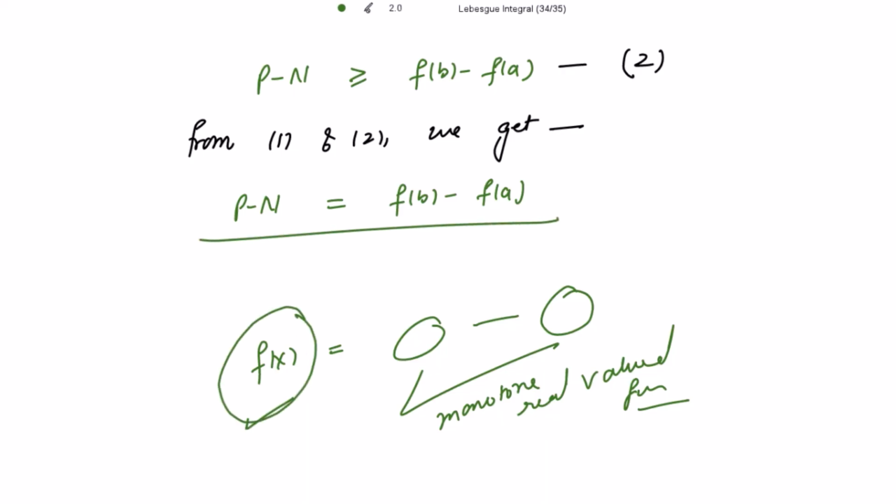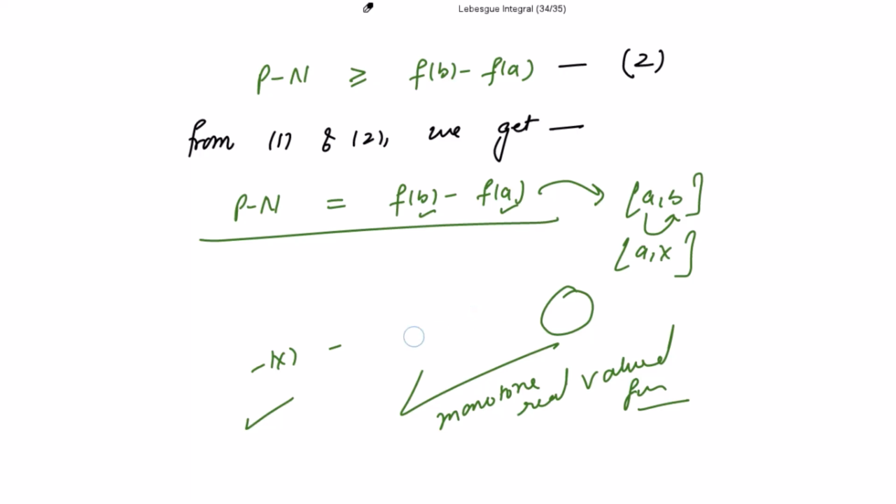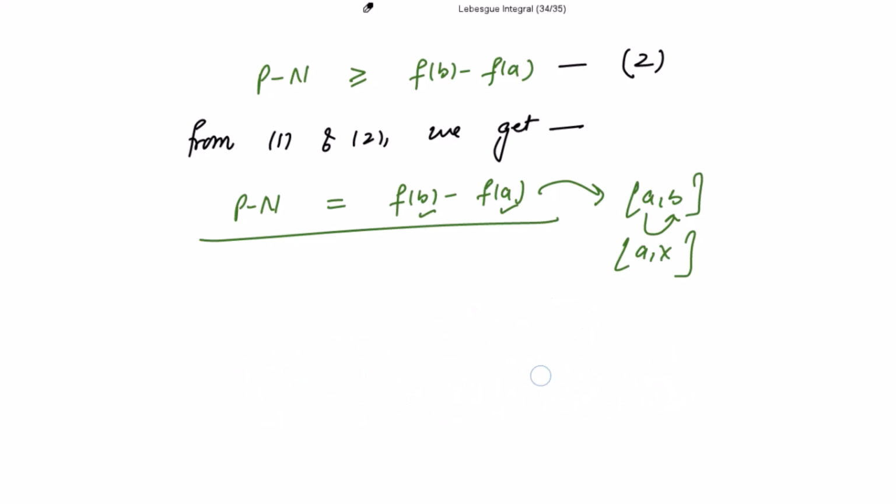To get this f(x), because this is f(b) minus f(a) equal to P minus N over the closed interval [a, b]. This relation is for the interval from a to b. Can I write this relation for the interval a to x? Yes, in the same way. Just substitute x in place of b.